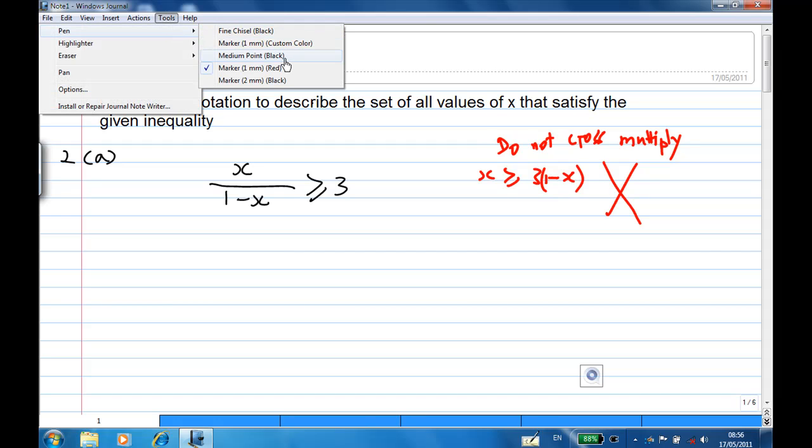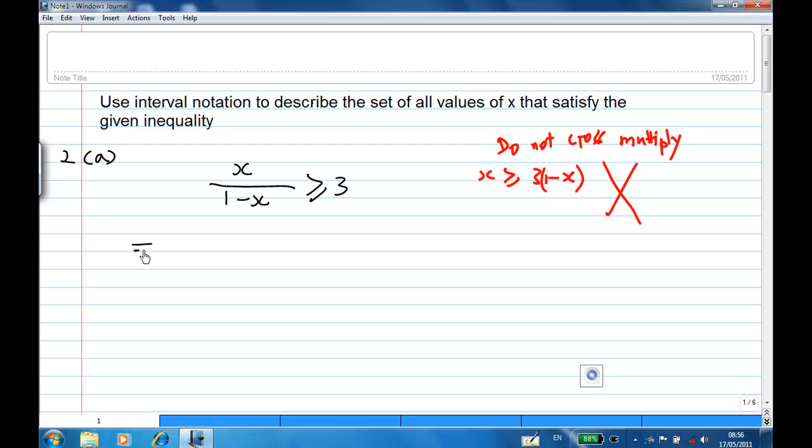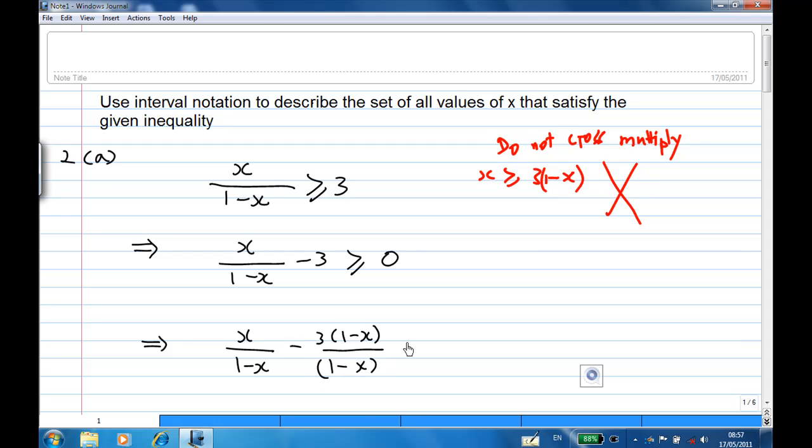We should subtract 3 from both sides. So now I have x over 1 minus x minus 3 greater than or equal to 0. Then you combine the left hand side: write the 3 with the same denominator first, then you can subtract.